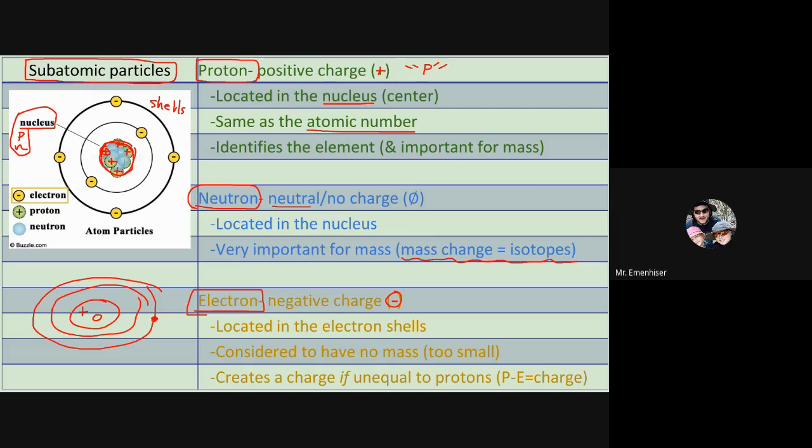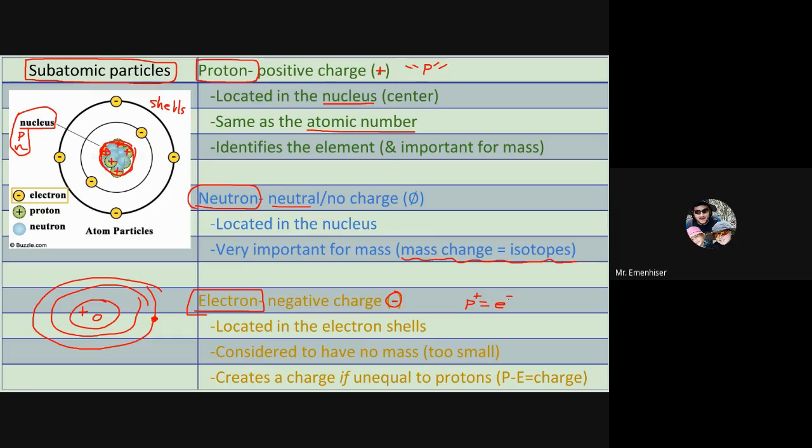They are not in the nucleus, but they orbit the nucleus from a great distance away. They are considered to have no mass, so they do not affect the mass of the atom. They're not involved in isotopes, and they create a charge if not equal to the number of protons. If the number of electrons is equal to the number of protons, then it has the same positive and negative charge, and they cancel out. So most atoms are neutral. Most atoms have no charge, and the number of protons is equal to the number of electrons.